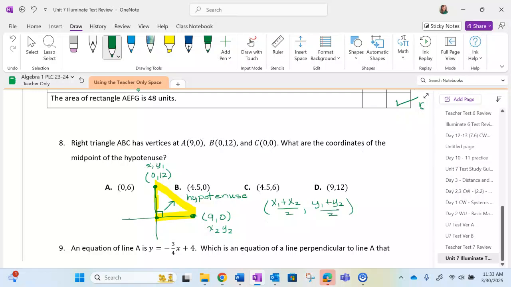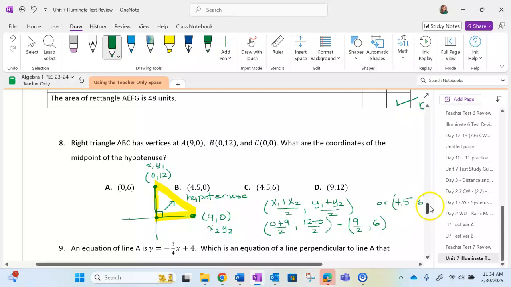Let's plug these in. x1 is 0. 0 plus 9 over 2. The other one is 12 plus 0 over 2. All right, if you put these into Desmos, you will get 2 possible answers: 9 over 2, 6, or 4.5, 6.